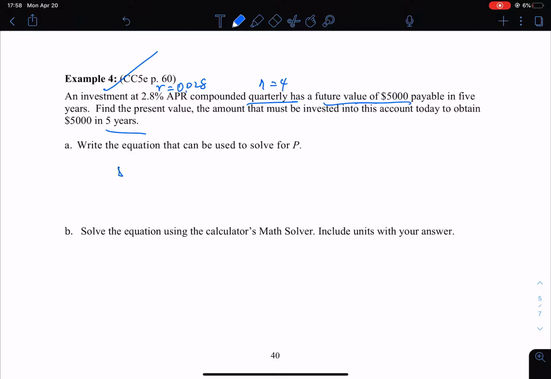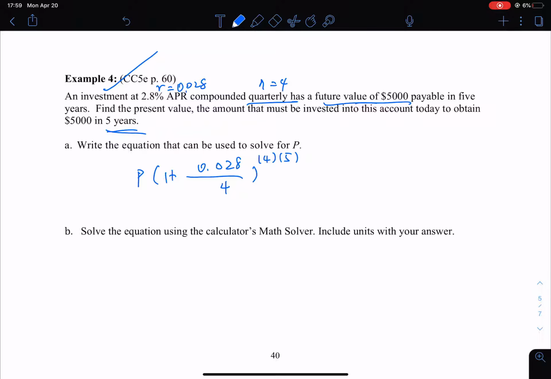Suppose our original investment is just $P. Then we plug in r, that is 0.028, divided by n times per year, that is 4. Then nt is just 4 multiplied by t, and t is given as 5 years. But the question is not asking what your investment is 5 years later.